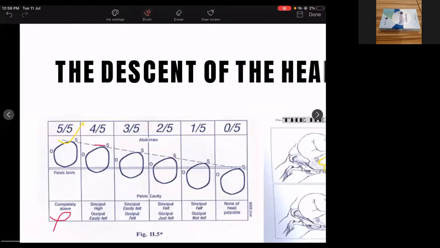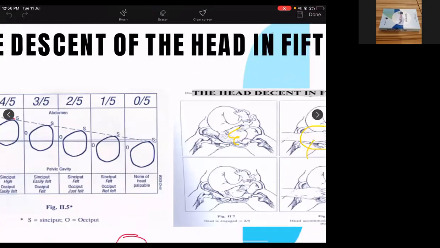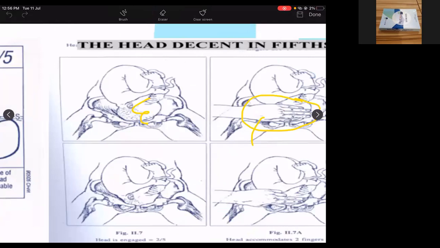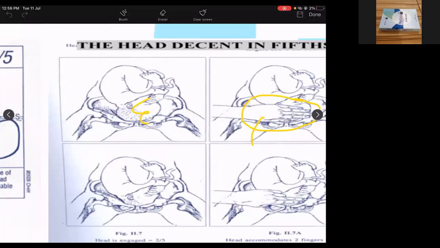But assuming you put your hand and only 4 of your fingers could feel the head, you say the descent is 4/5. And that way, if only 3 can feel, you say 3. If 2, you say 2, until you cannot feel the head at all per abdomen.